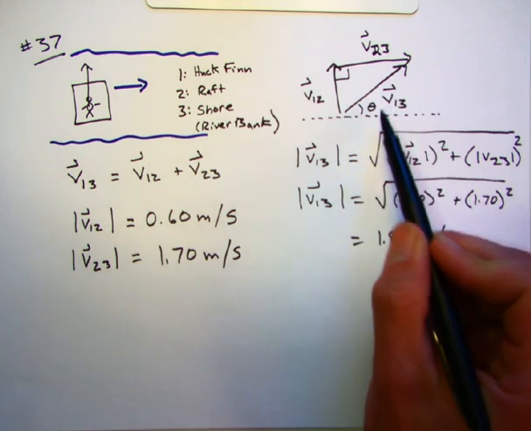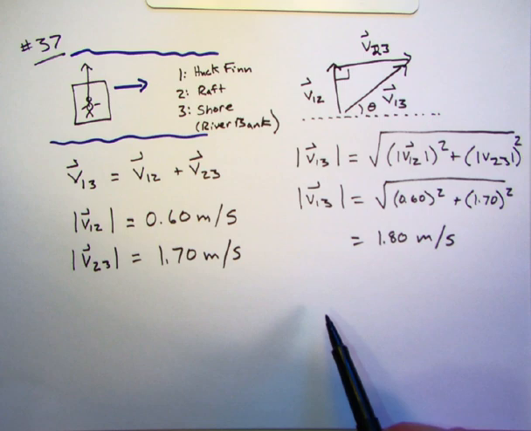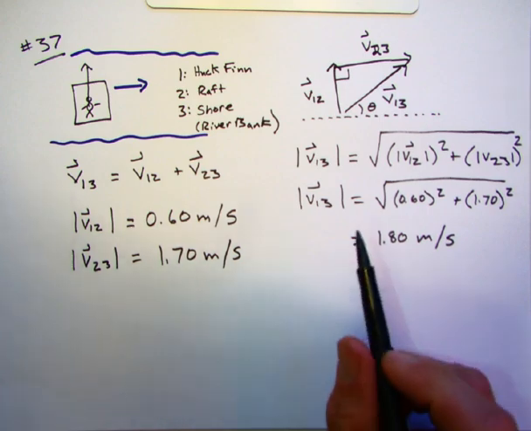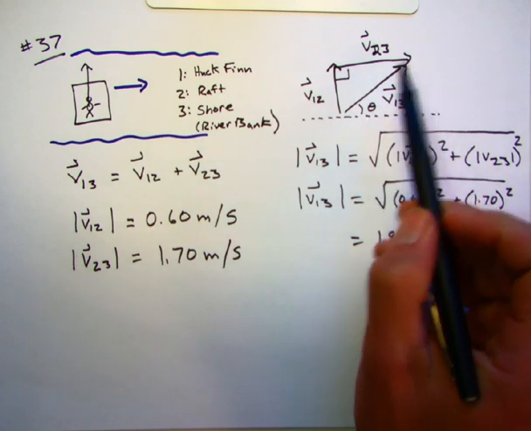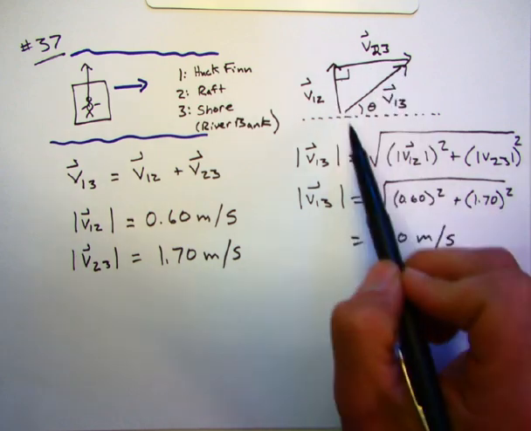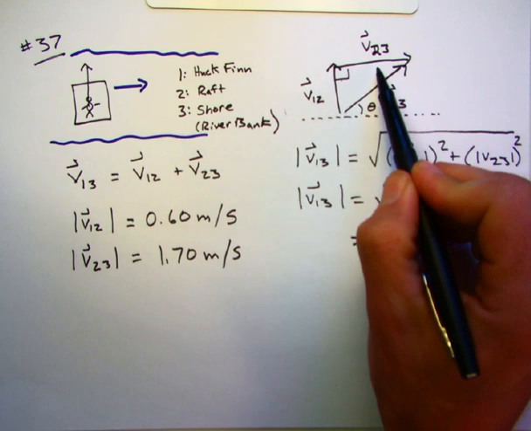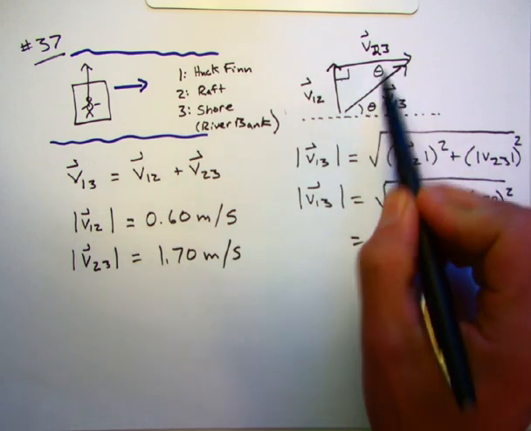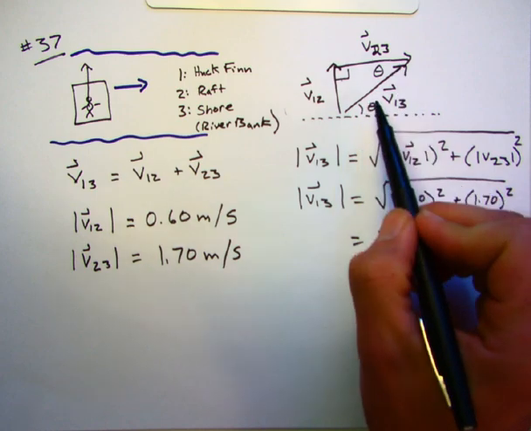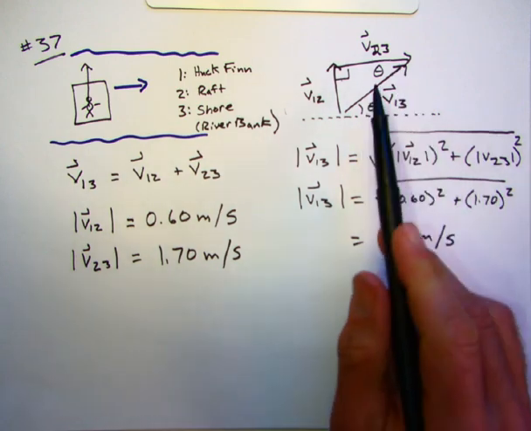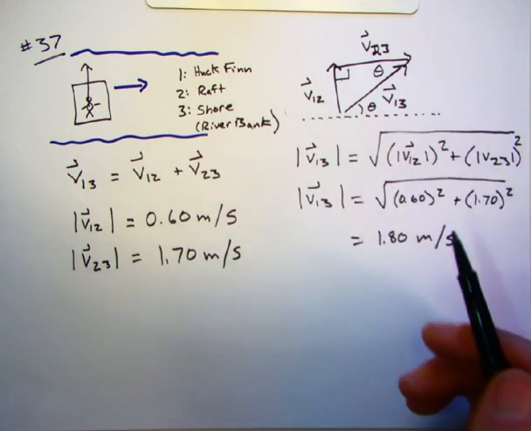What is that angle? Since this is perpendicular, we can assume this angle is the same as this angle here because of alternate interior angles. So what is theta?